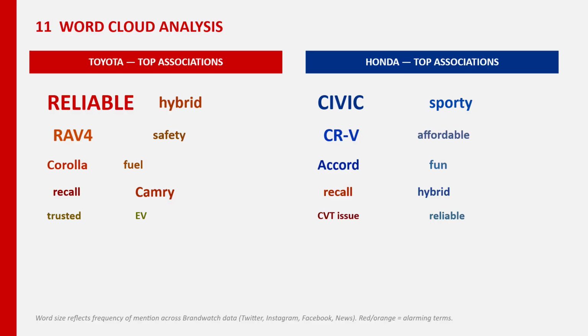CVT issue, right down here, appears in dark red, and the word recall is present in similar size to Toyota's, indicating comparable frequency. The key difference is Honda's negative terms are more product specific, meaning they point to tangible mechanical failures, which makes them harder for Honda to deflect with general brand messaging.